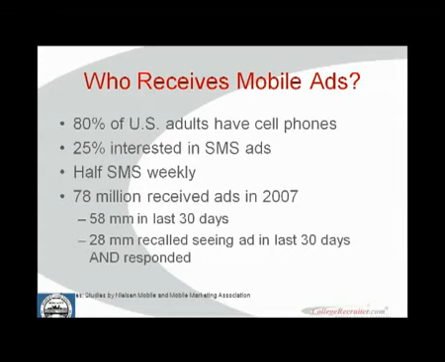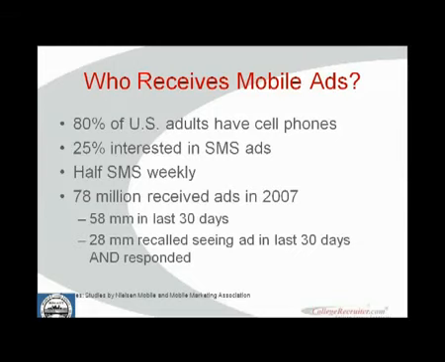Just about a year ago, a study was done, and about 78 million U.S. adults reported receiving at least one cell phone text message ad over the previous year. And the bulk of that, about two-thirds, or actually more like three-quarters, had received one in the previous month.